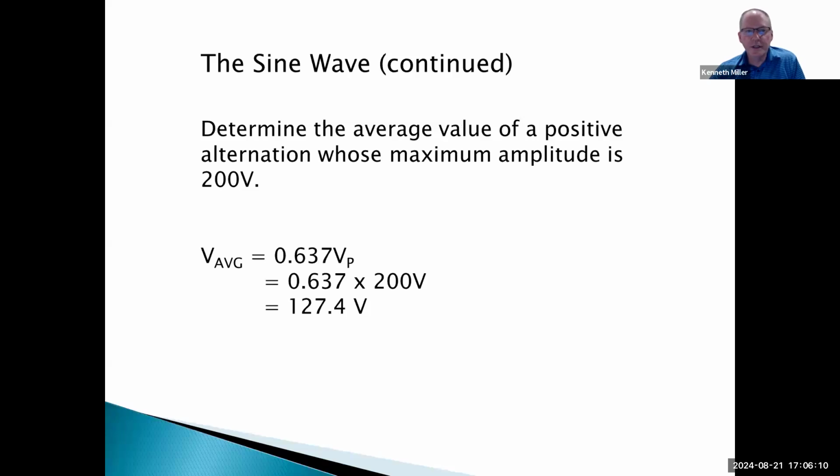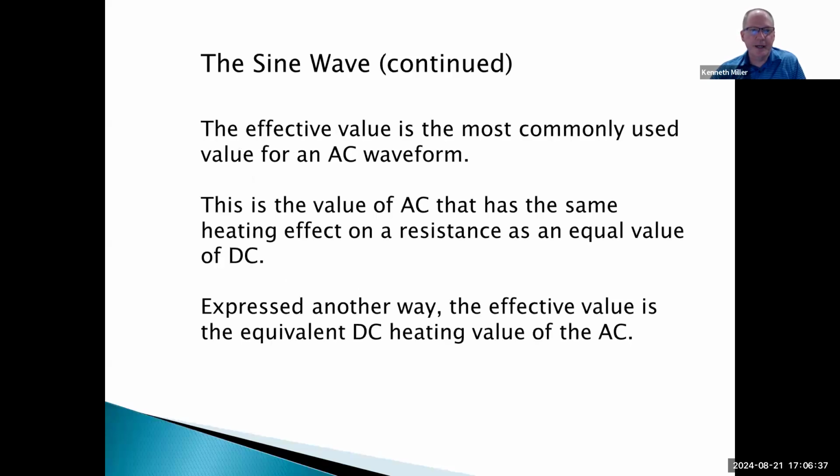Here's a problem from the textbook: determine the average value of a positive alternation whose maximum amplitude is 200 volts. You just say 200 times 0.637, and it's 127 volts. If we put our oscilloscope on there, it would show 200 volts. If we measure with our meter, we would get 127.4 volts. So keep that in mind.